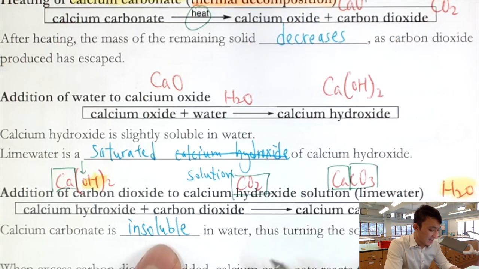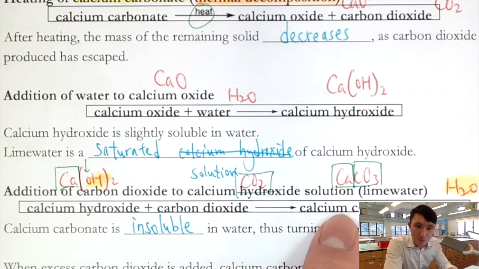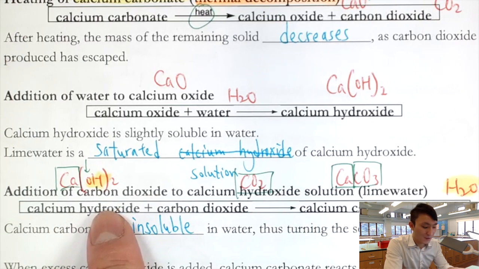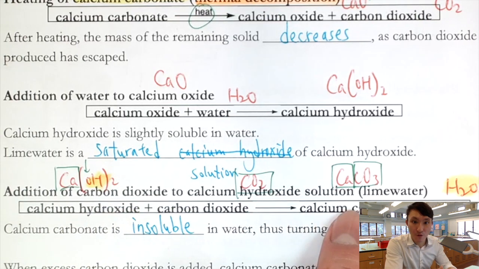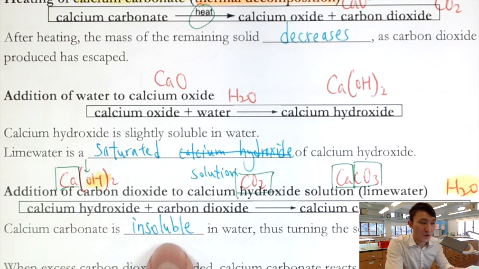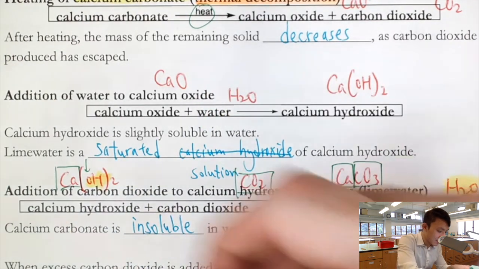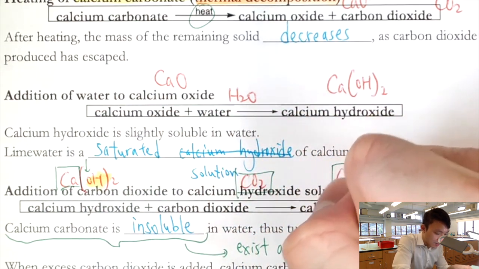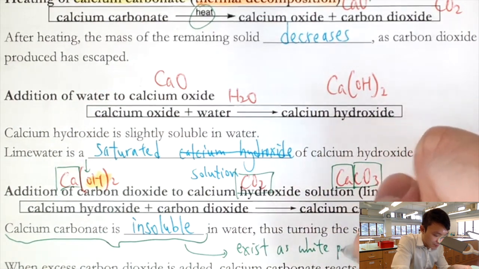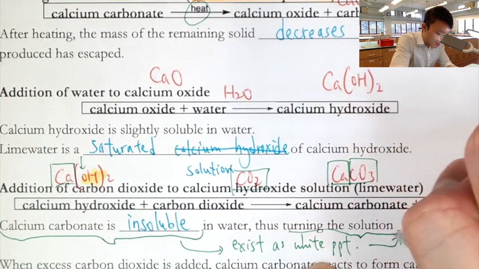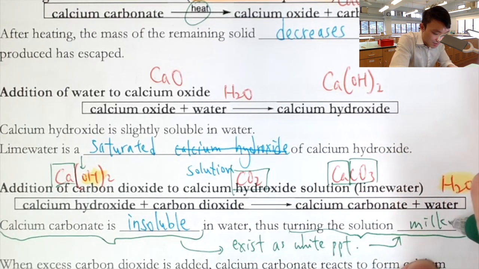So, if this is insoluble in water and it forms when we mix inside a solution, right? You have something insoluble forming in a solution. So this insoluble calcium carbonate will exist as a white precipitate, which turns the solution milky.